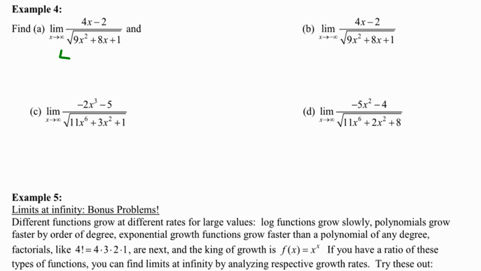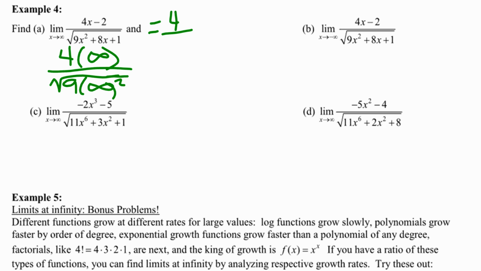So really what we're thinking is we're doing 4 times a very big, large positive number over the square root of 9 times a really big, large number. So it turns out that this limit is equal to 4 over 3. Square root of 9 and infinity squared, so the square root of that would be 3 infinity, which is the same degree as the top.